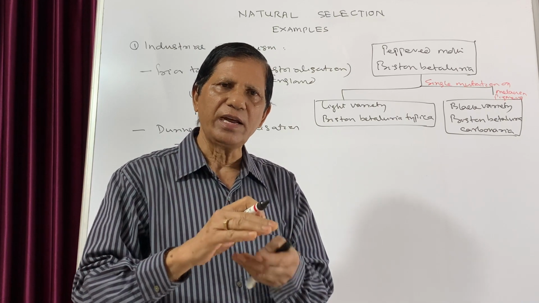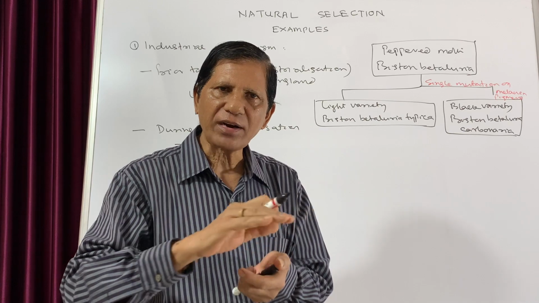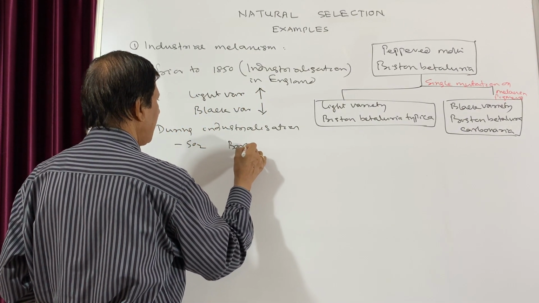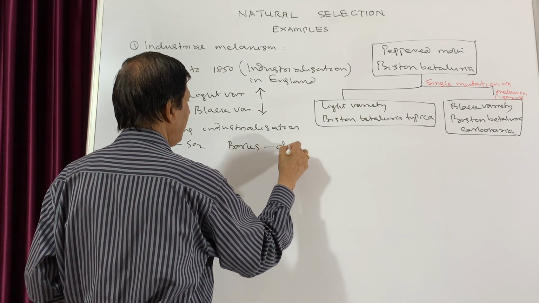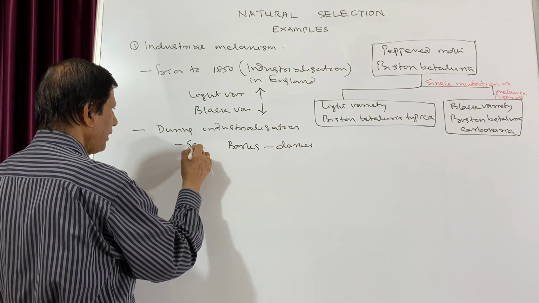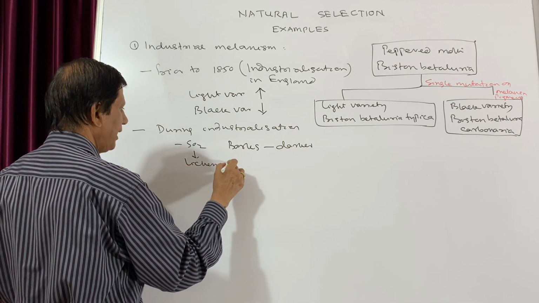This smoke along with soot was deposited on the bark of the trees, so that the barks became darker and darker. Again, lichens are very sensitive to sulfur dioxide.